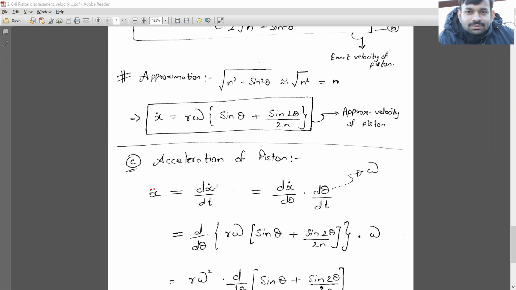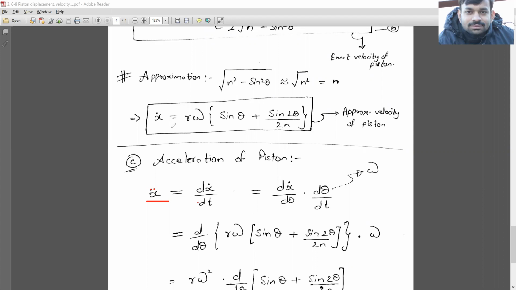And this will be equal to the differentiation of velocity with respect to time, which will give us acceleration. This is basic elementary physics you have studied from 9th class onwards. So rate of change of velocity with respect to time is nothing but acceleration.